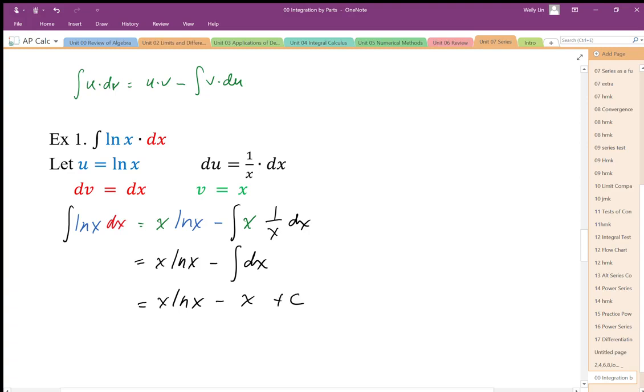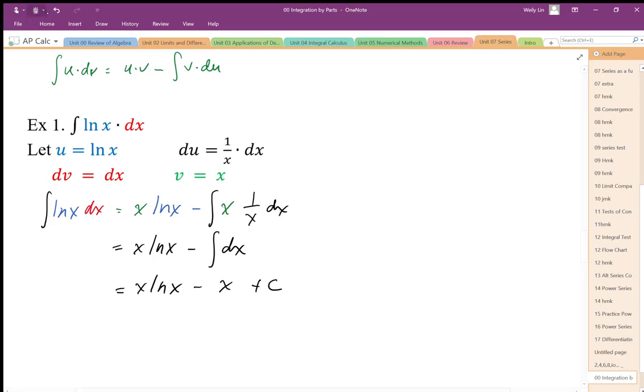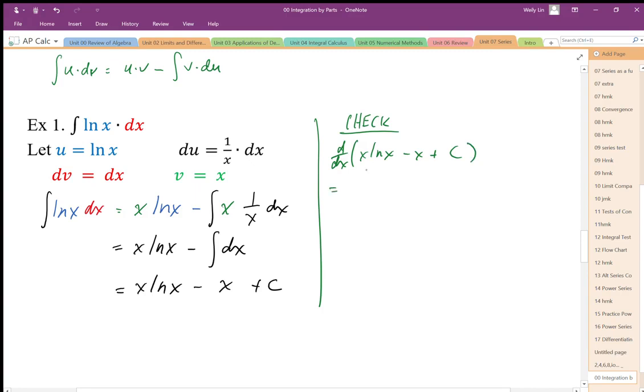Again, this is something new, so we should check it to make sure that it works. I'm going to check it over here by differentiating. I can always check by derivatives. So d by dx of x log x minus x plus c is going to be the product rule: log x plus x times 1 over x.